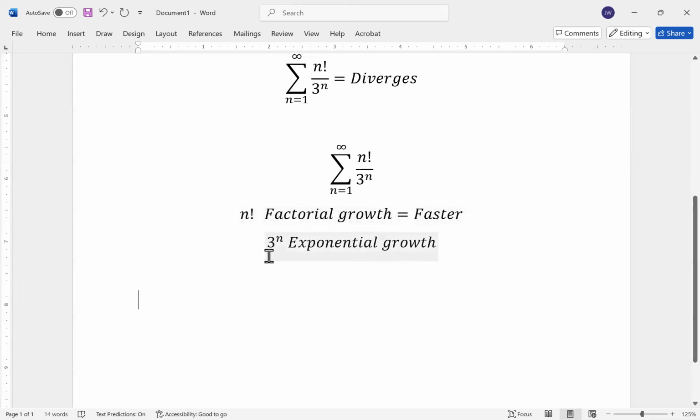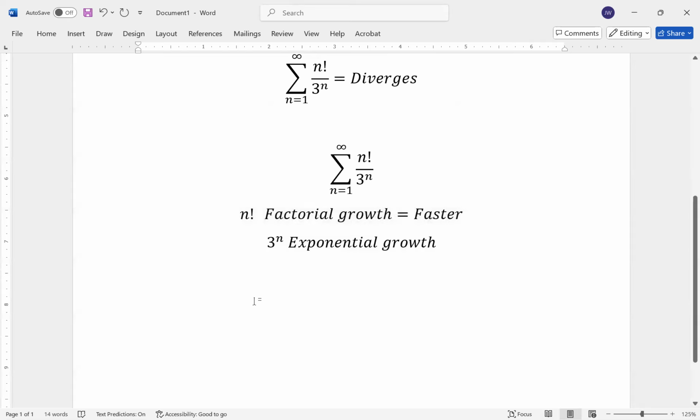That's numbers that are less than 3. But after n gets above 4, now we're multiplying this number by 4, and then 5, and then 6, and then 7, and then 8, and then 9. And all of those numbers are going to be bigger than 3. So repeated multiplication by 3 is not going to grow as fast as repeated multiplication by a growing number.